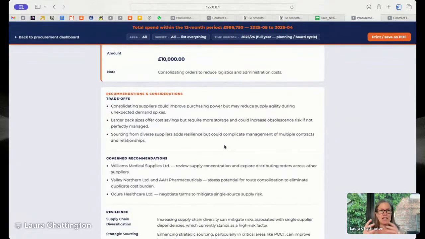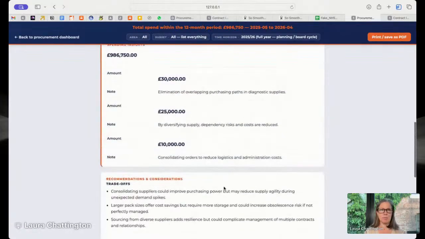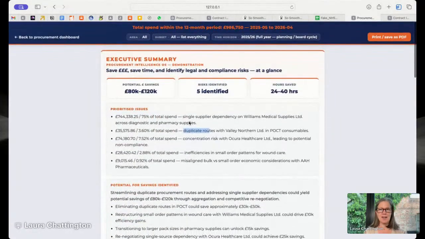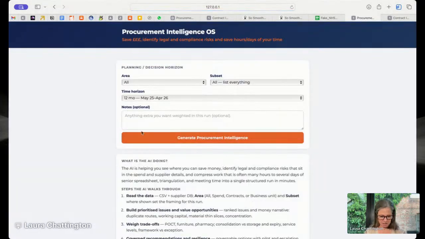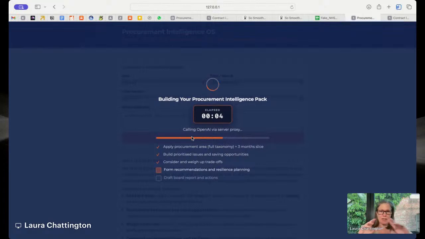Because relationships with suppliers are important, and looking at those trade-offs and putting together that board pack. And just really quickly, you could be looking at spend, and it might be that you want to look at Q4, for instance. So it's running, and this is working live across everything.